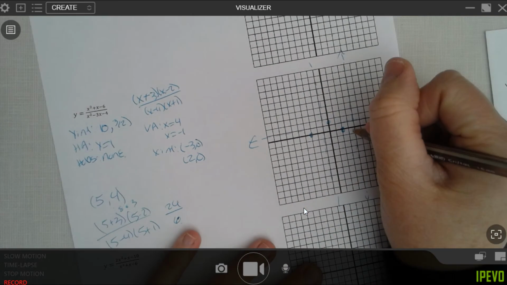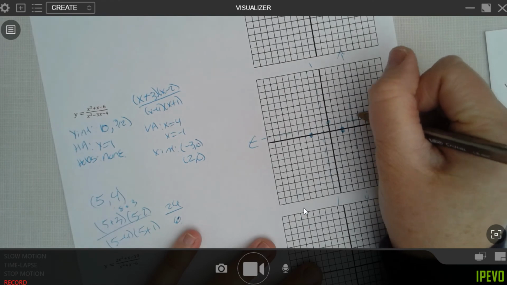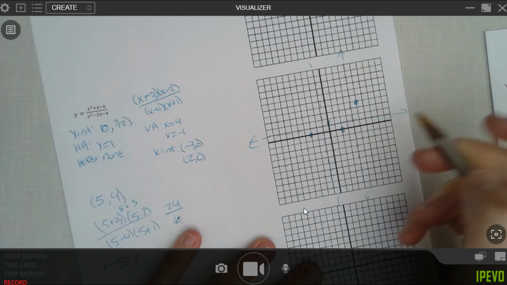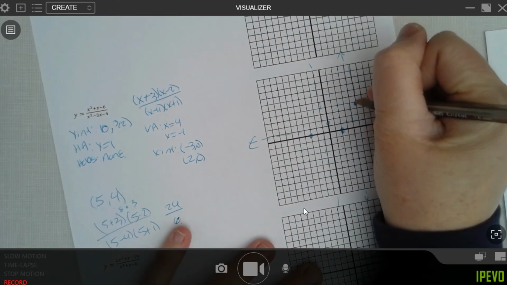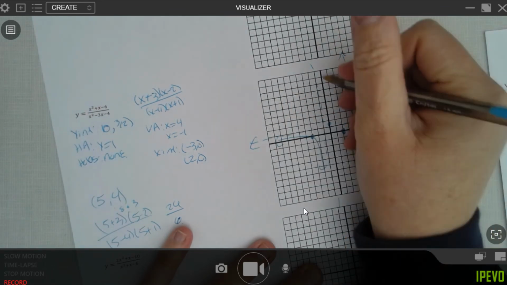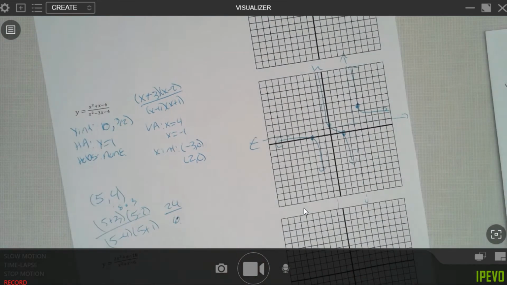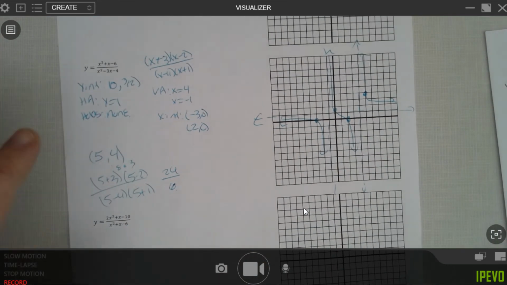So that tells me at 5, I am at 4. That tells me I'm up there. So this dot tells me I'm in this quadrant, this dot tells me I'm in this quadrant, and then this one right here is going to go through like that. But if you're unsure, you can always pick extra dots to graph them.